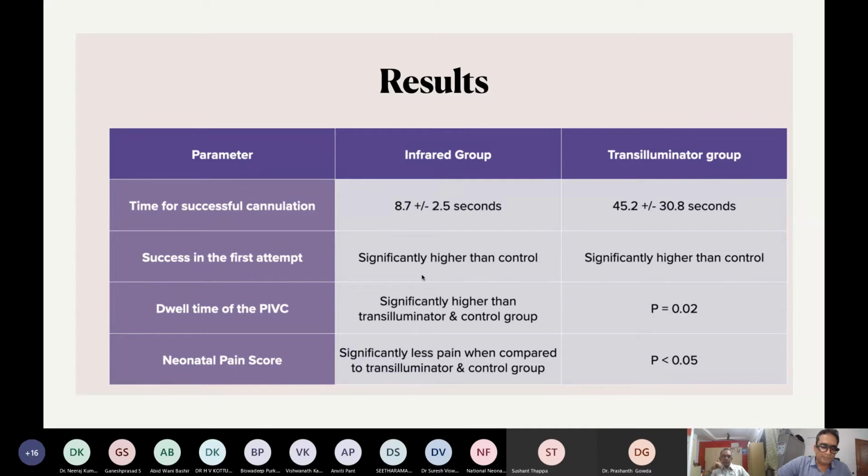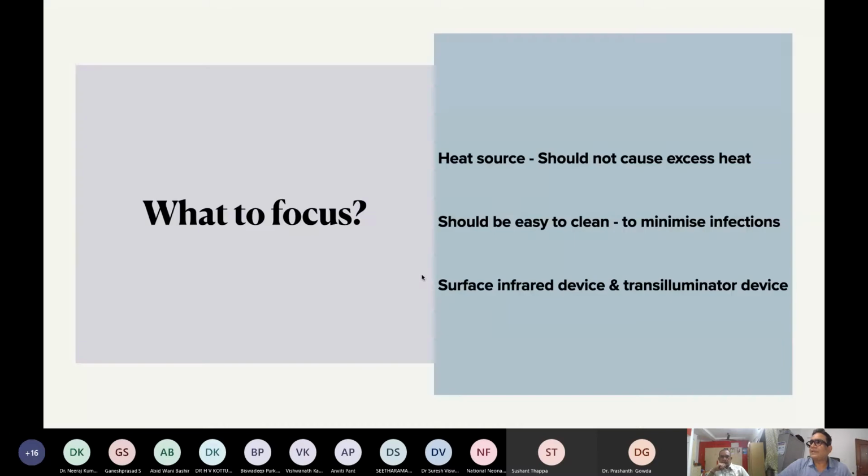The duration the cannula lies in situ was significantly higher in the infrared group than in the transilluminator and the control groups. And the neonatal pain score was also significantly better in the infrared group. So they recommend that infrared vein viewers are better than the transilluminator, and the transilluminators are better than the naked eye. So what to focus on now?